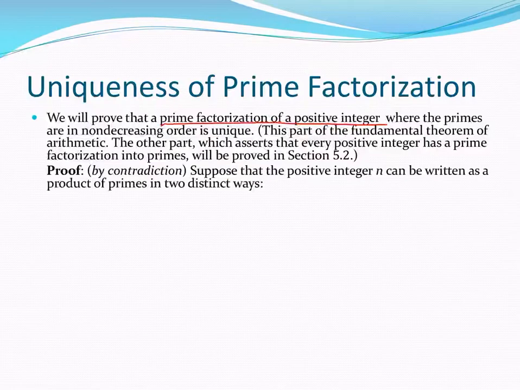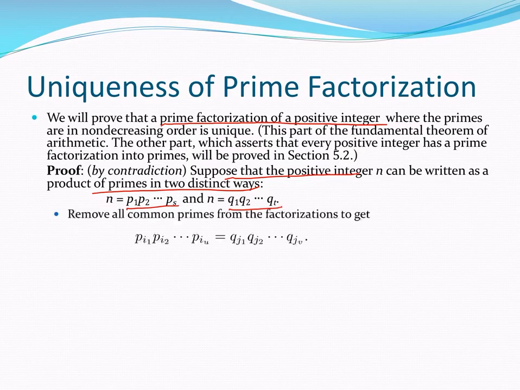Suppose that it is not unique. Suppose that it can be done as a product of primes in two distinct ways. So n is equal to the product p1 through ps, and n is equal to the product q1 through qt. Now we set those two products equal to each other, and then we divide out any common primes that happen to be there.